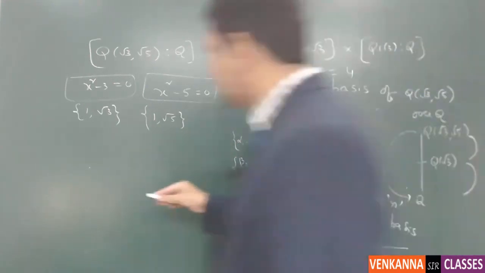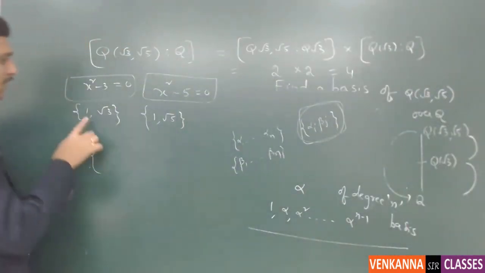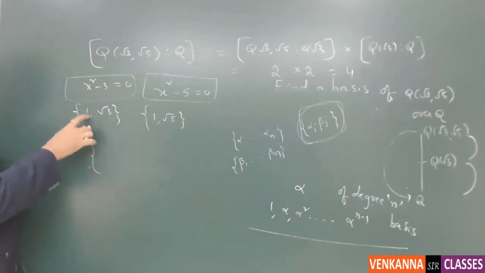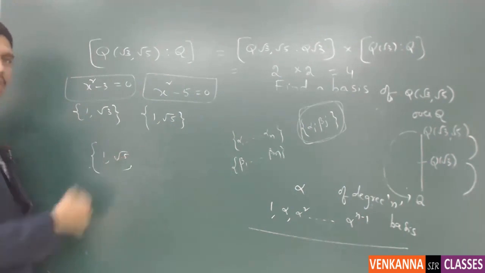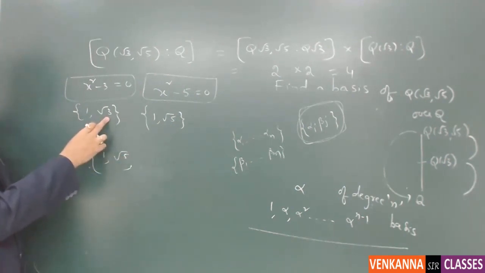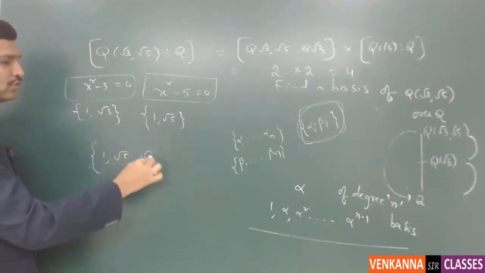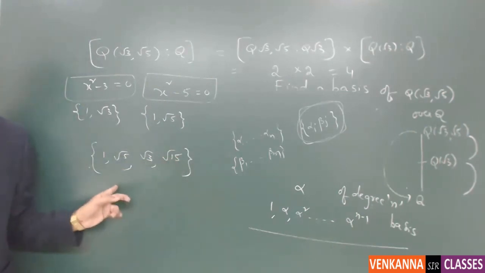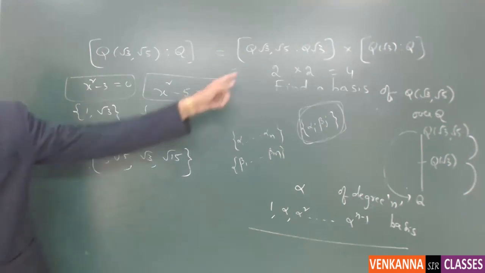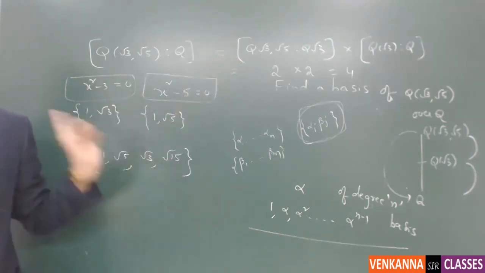So the final basis, if you pick up the first element, multiply with these values: 1, root 5. If you pick up the second element, multiply with these values: root 3, root 15. So this is the basis having 4 elements for the resultant set. That is our final solution.